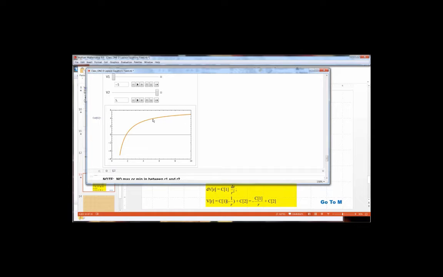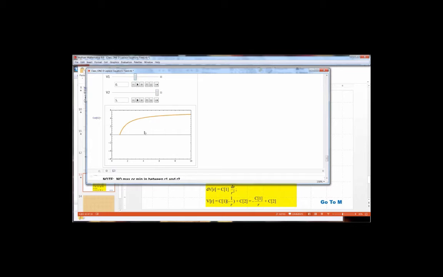Here it's a 1 over r dependence. There it was a logarithmic dependence. And the same thing goes here, that if you bring this up to the equal, you get a straight line. If you bring this down, you get a curve that looks like this. If you put this at 0, like that, then that would be grounding the inner conductor and putting a minus voltage on the outer conductor. Or if we go positive, then it looks like this.